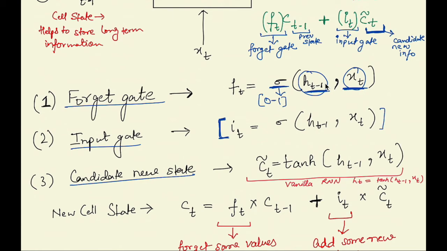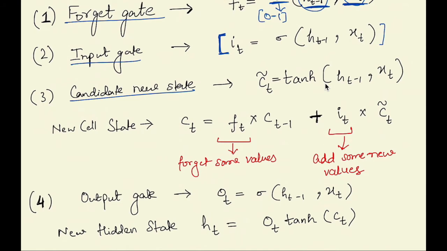This is the candidate which we would have produced as output if it was a vanilla RNN, but we are not producing this as output. This is still a candidate, and how much of this we would carry forward in the new cell state will depend on the input gate, as I already mentioned here. So if it was a vanilla RNN, we would just have outputted our candidate as our next hidden state, but in this case we are not.